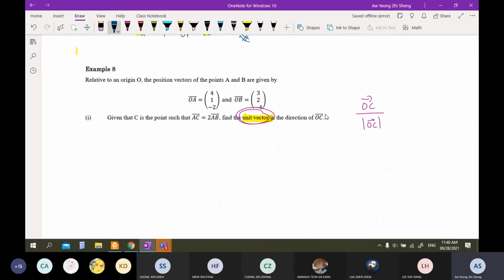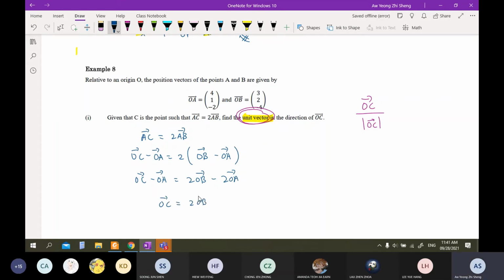Right. So you first need an expression for OC. So you have to make use of this, AC equals 2AB, which means OC minus OA is equal to 2 times OB minus OA. I express everything in terms of position vectors. Right, then I usually prefer to make OC my subject first before I sub in the values so that it looks less messy. So that I have now OC minus OA is 2OB minus 2OA.